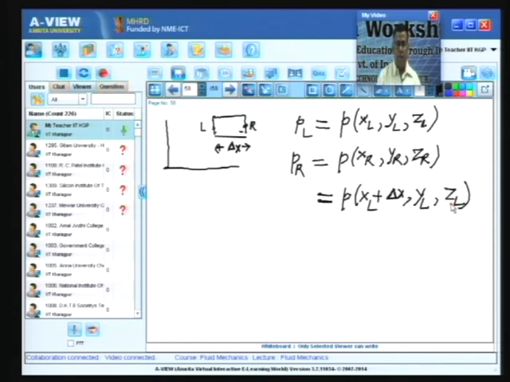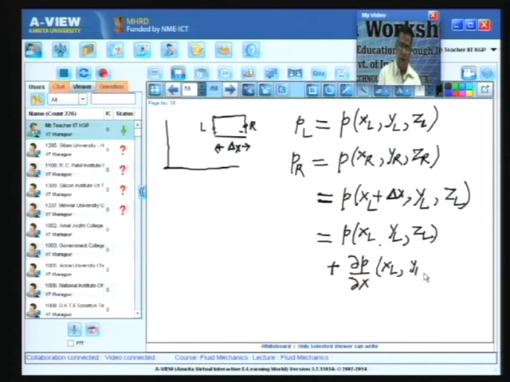Now, in continuum mechanics these functions are continuous functions. So, it can be expanded in a Taylor series about the point x L, y L, z L. So, this we can write as P of x L, y L, z L plus del P del x at x L, y L, z L into delta x plus dot dot dot, these are higher order terms.